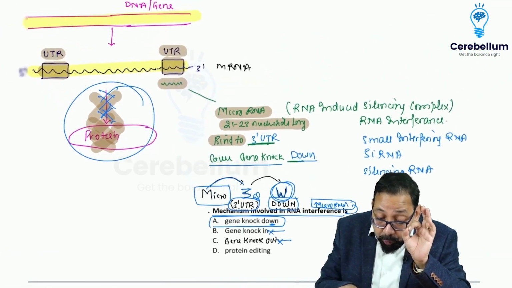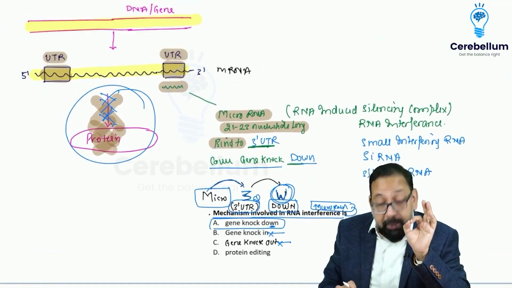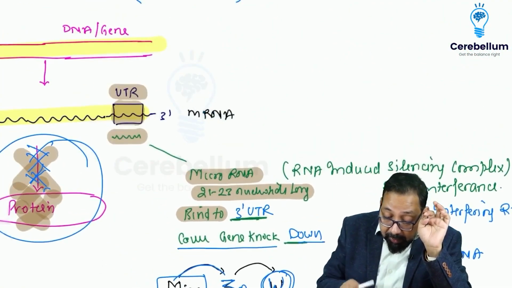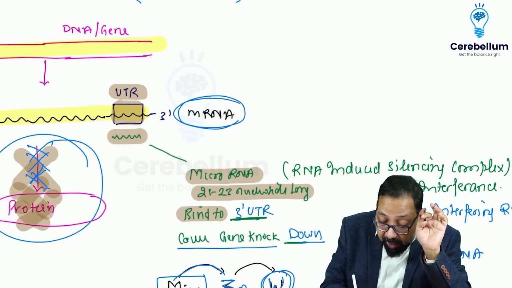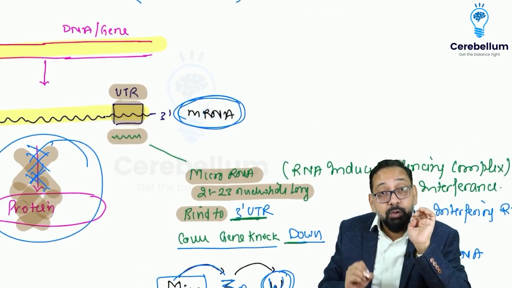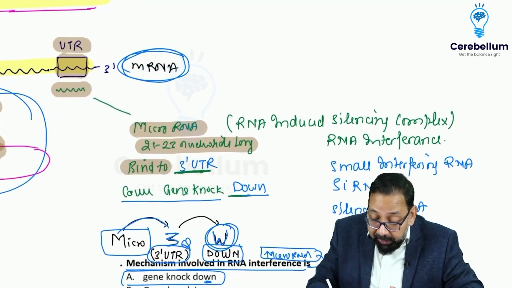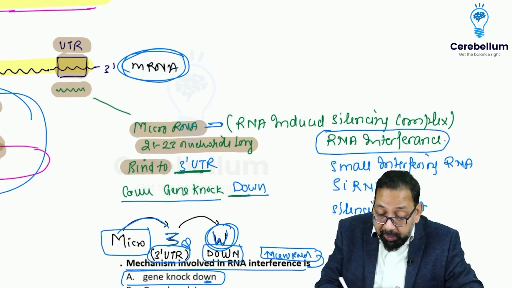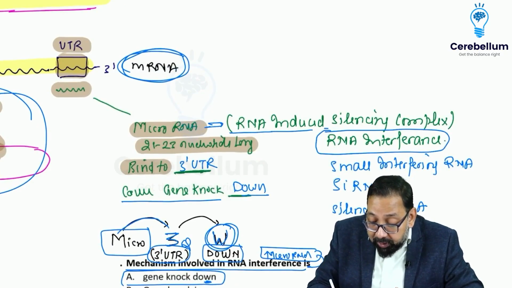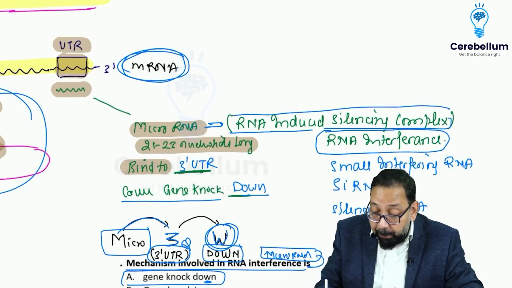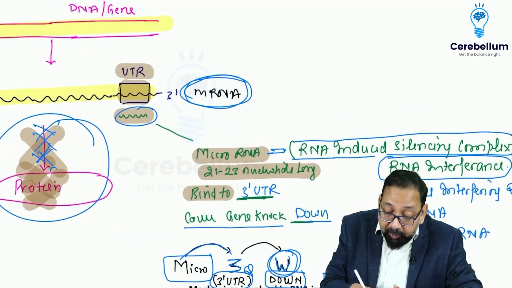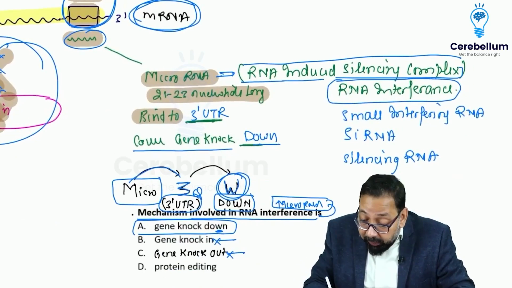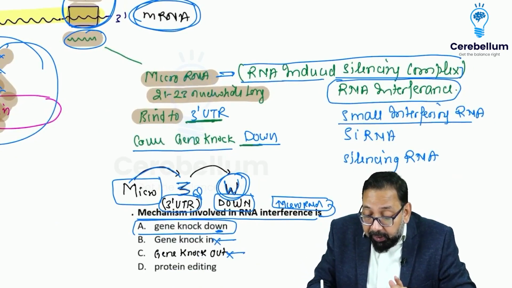And I told you that another name of microRNA is RNA interference, meaning microRNA is interfering with this messenger RNA's protein synthesis. Another name of microRNA is RNA-induced silencing complex, meaning by this microRNA, this messenger RNA is silenced. The next name is small interfering RNA.